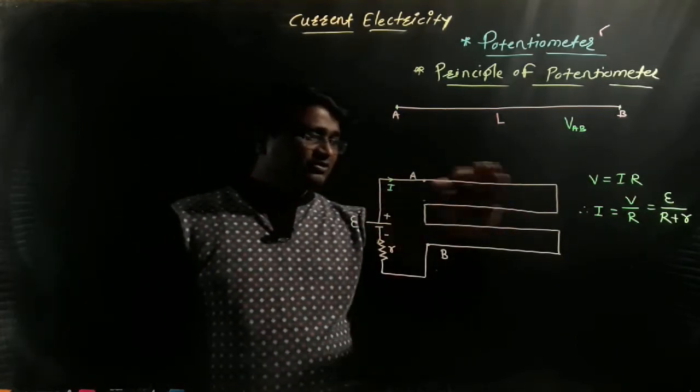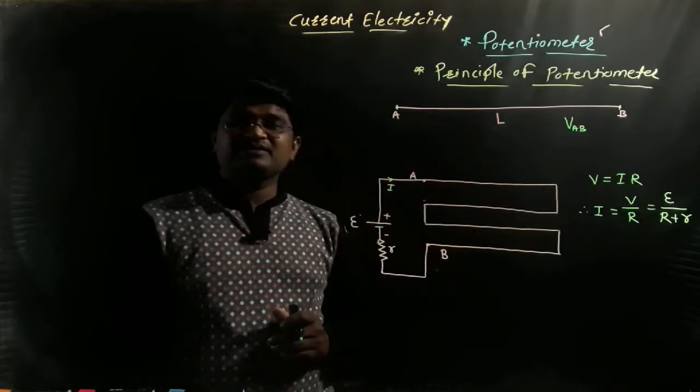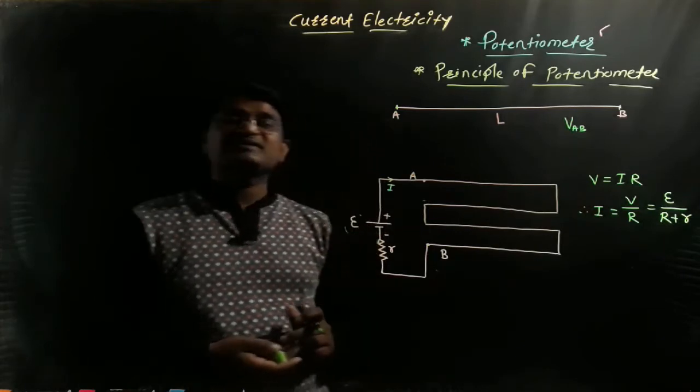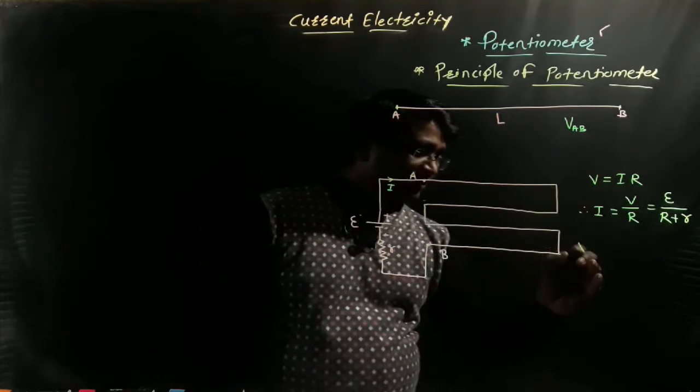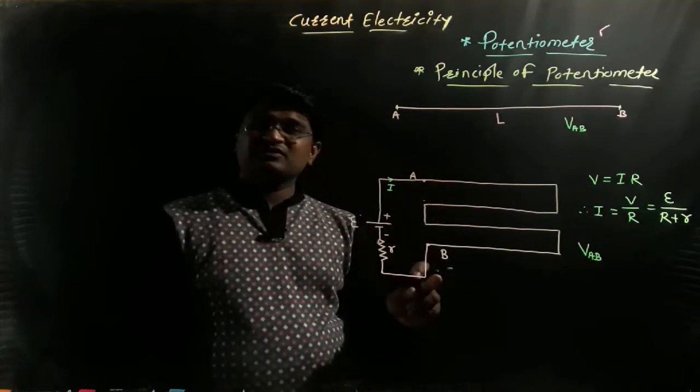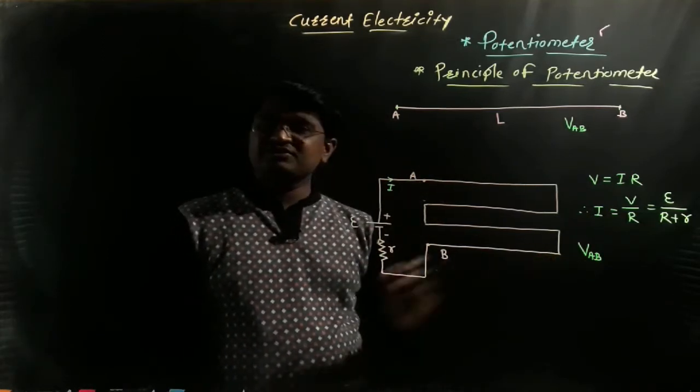When this electric current passes through the wire AB, we find the potential by the same concept, V is equal to IR. The total potential between the ends of the wire AB is denoted by VAB.